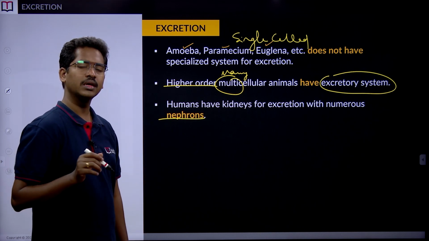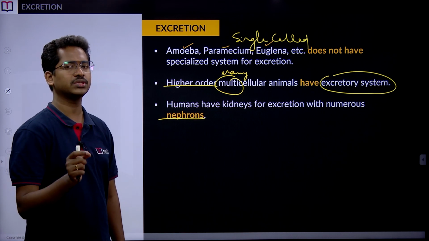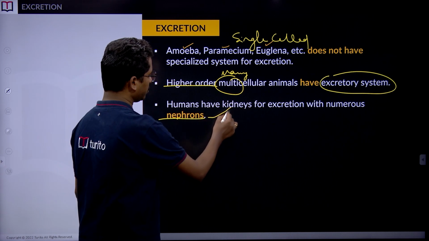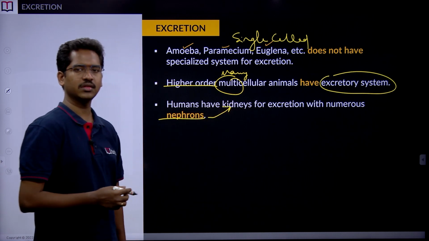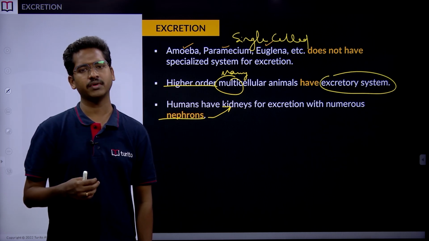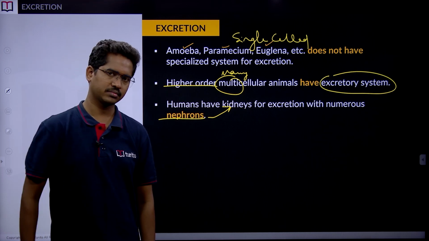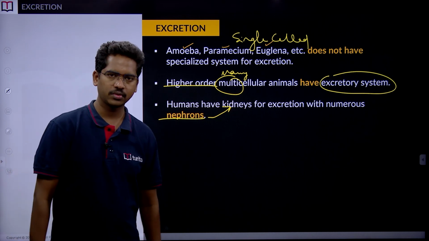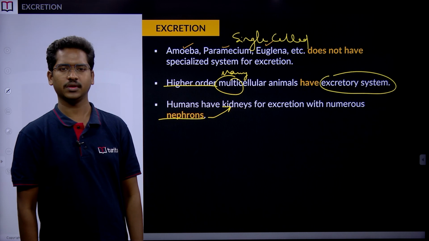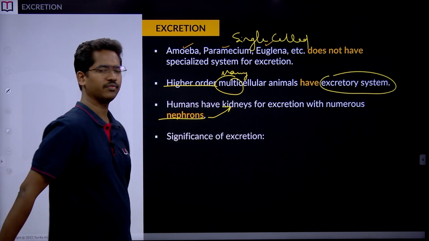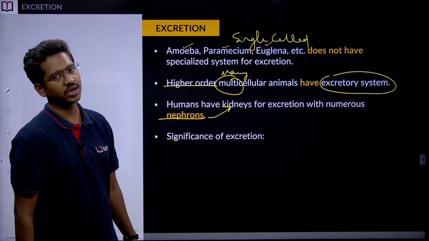Each kidney has a structural and functional unit called the nephron. As human beings, we have a pair of kidneys, each with nephrons, and these nephrons are involved in removing waste out of the body in the form of urine.